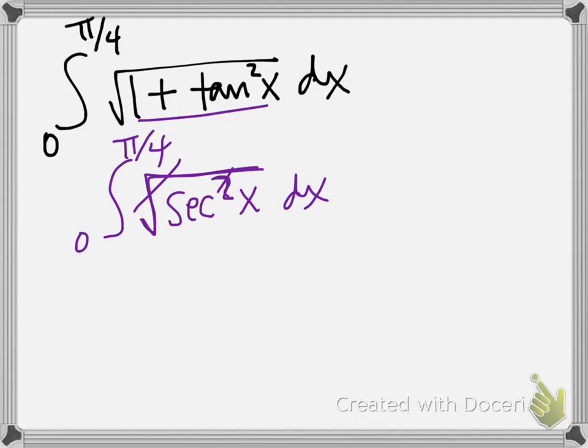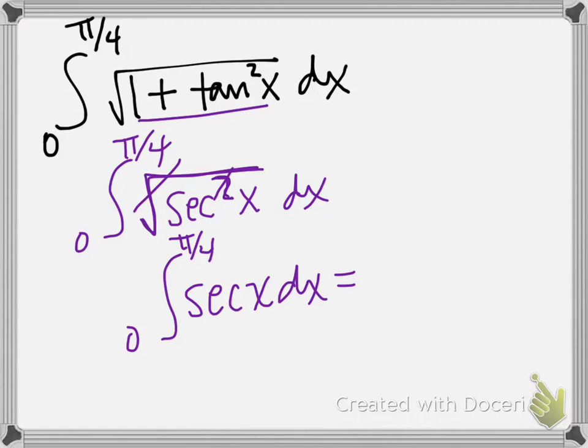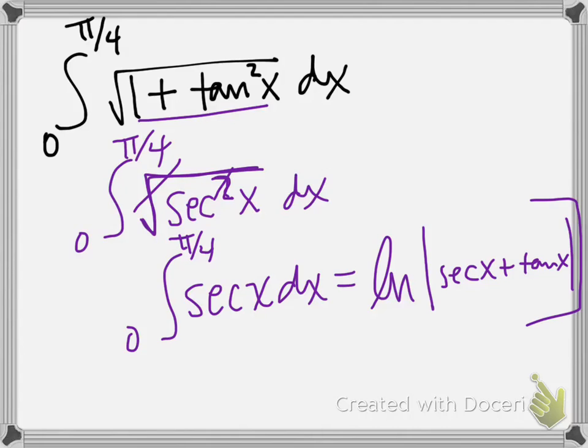So the square root and the square cancel, so we're left with just secant from 0 to pi over 4. Now, I want to integrate this. What was that integration for secant? It was natural log, absolute value, secant x plus tangent x. And we have integration limits from 0 to pi over 4.